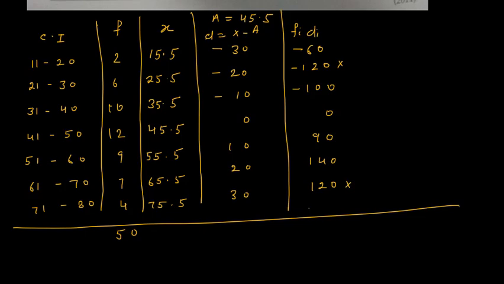Then this is 140 and this is minus 100, so in your mind this will become 40, and 90 plus 40, 130, or 90 minus 60 you will get 30, and 30 plus 40 you will get 70. So here your total will be 70.